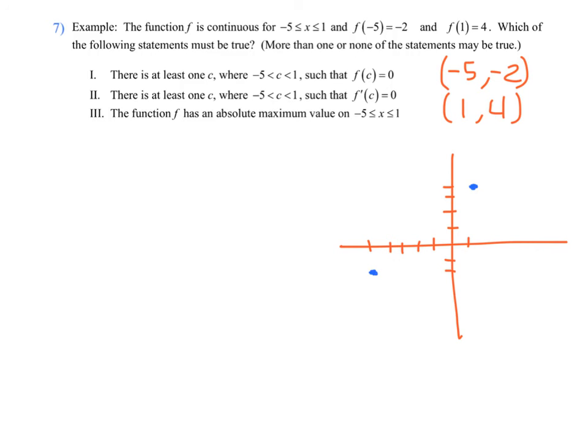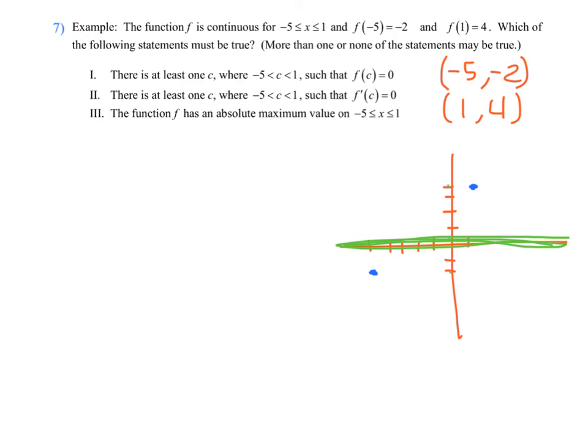Okay, so this goes back to what we talked about at the very beginning, the intermediate value theorem. All right, look at this first question here. It says there is at least one c in between, where c has to be between -5 and 1, such that f of c, the output, the height, is going to equal 0. Well, where is 0 on this graph? Well, obviously, hopefully you realize that's the x-axis. Okay, so does 0 fall in between -2 and +4?